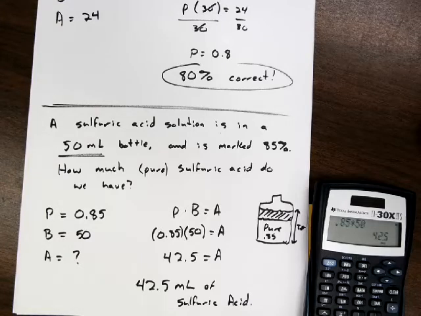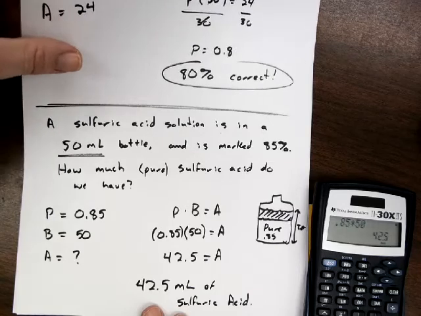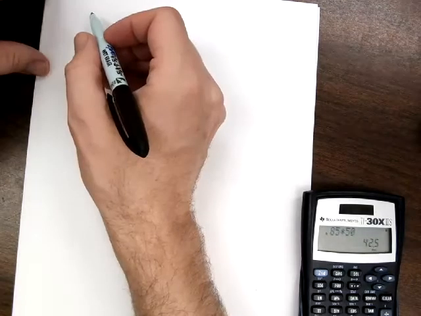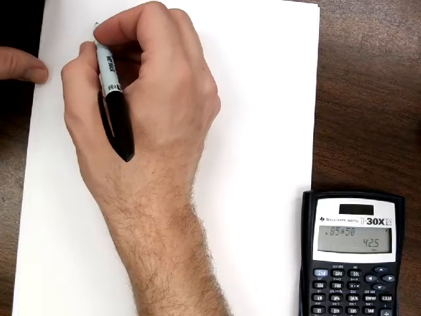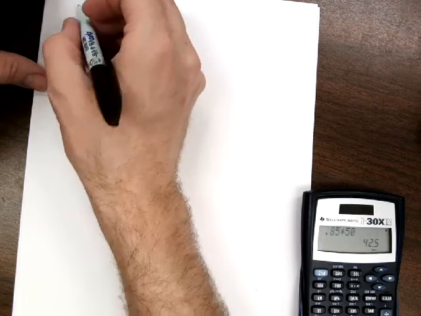Let's do another one. So say that we've got something like this.